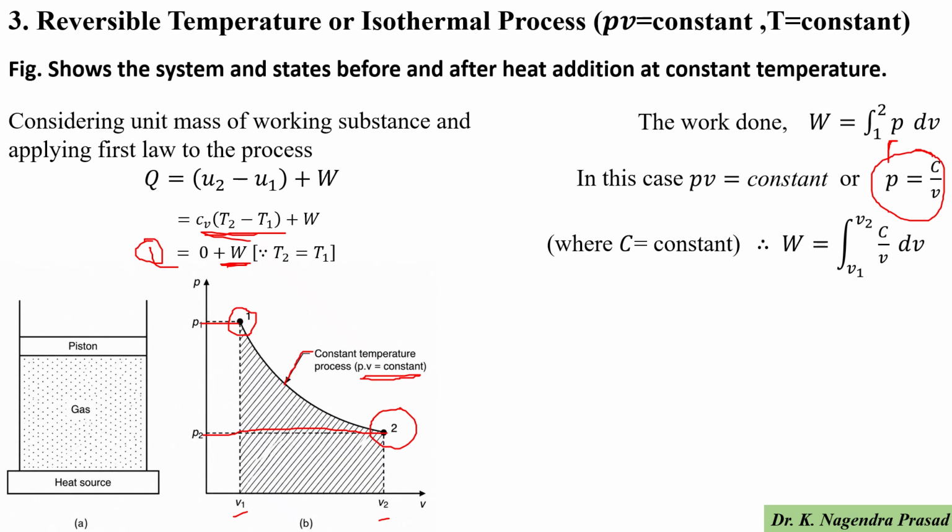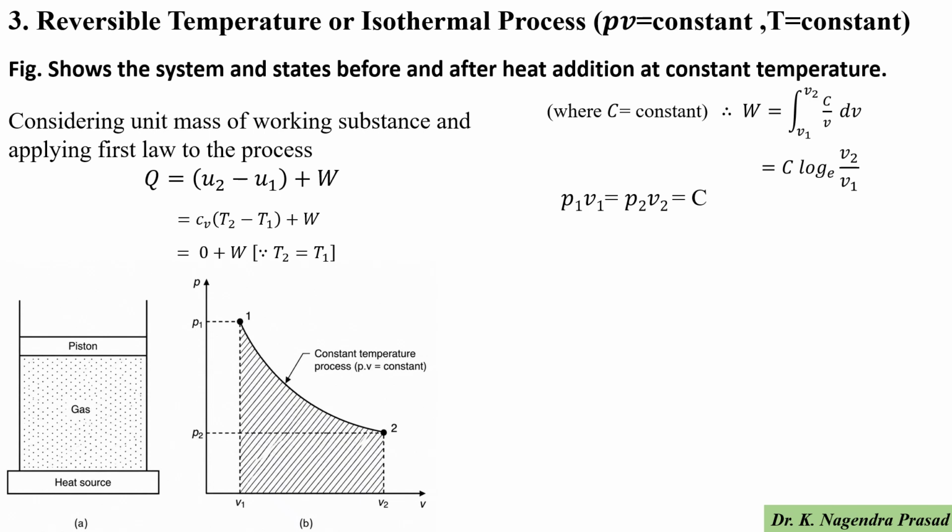Then work done W equals the integration from 1 to 2 of C by V dV, where volume changes from V1 to V2. This integration becomes the constant C into log base e of V, from V1 to V2. So the work done W equals C log base e V2 divided by V1.